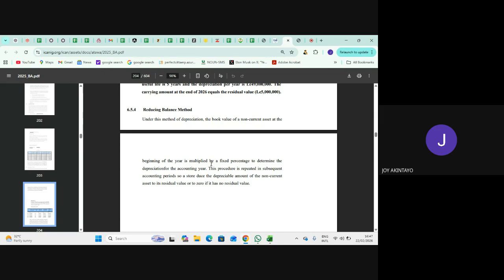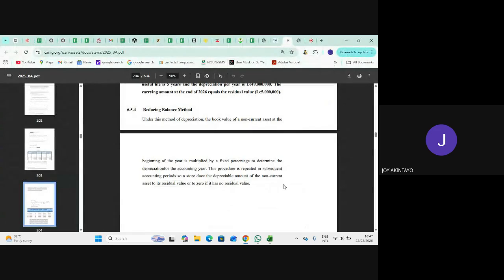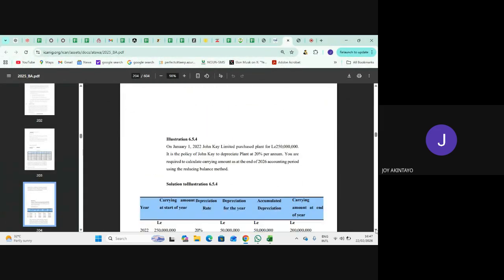So for the reducing balance method, every balance you have, the book value of non-current asset, that is the carrying amount at the beginning of the year, you multiply it by a fixed percentage. Like now, so we will use this as the example we have. So now let's use this method.